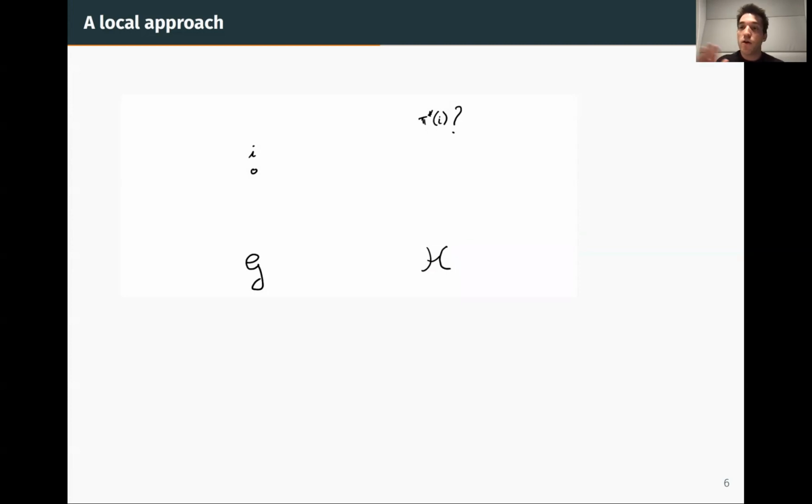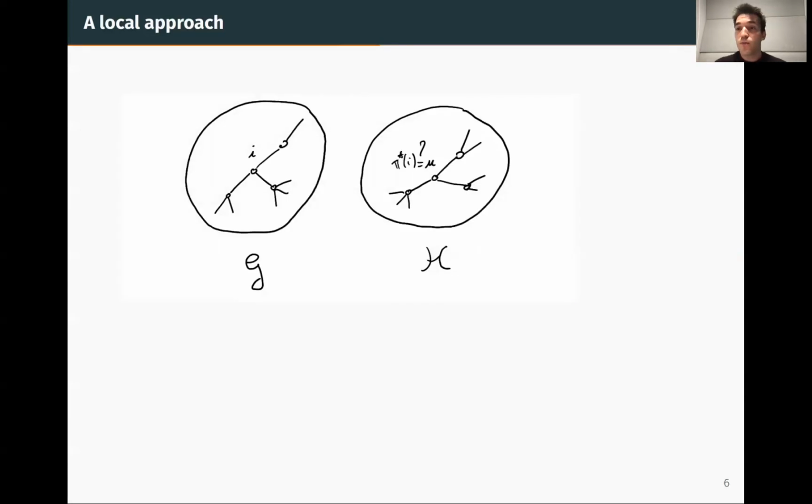Instead of maximizing a global objective here, we are looking at maximizing local objectives, which is simply finding, for a given node I, its matched vertex in the other graph. So if we look at two nodes, I and U, we simply ask the question, is U matched with I by the underlying vertex correspondence? Okay, so this question is very simple.